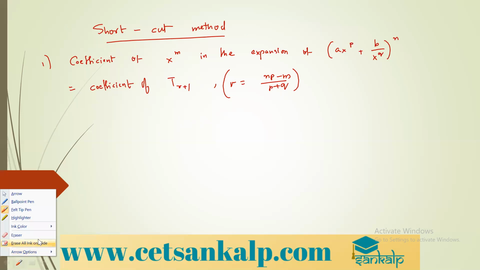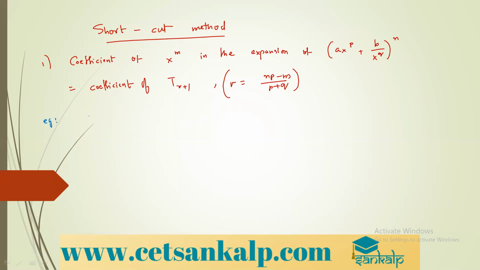As I told you, I will give you one example. In this example, I am asking you to find the coefficient of x^4 in the expansion of the binomial expression (x/2 − 3/x²)^10.